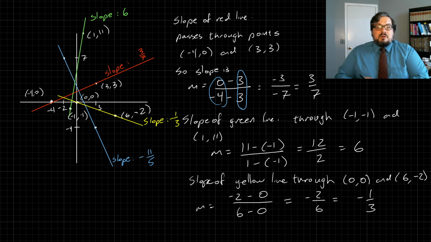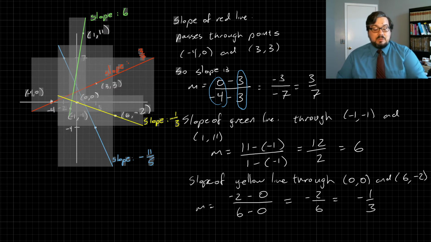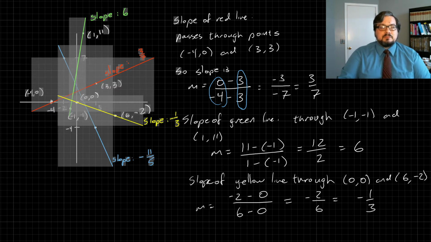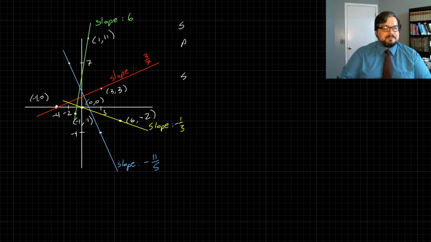All right, so we have 4 lines of various slopes and with various steepnesses. I want to talk about what we can tell about these various lines given their slopes, or what we can tell about the slopes given the lines. So let me get another page, and let's look at this.